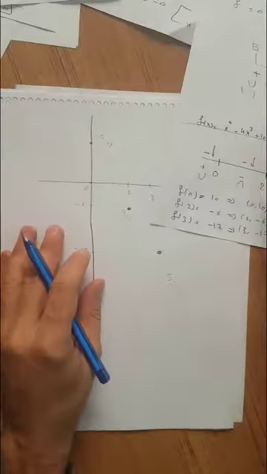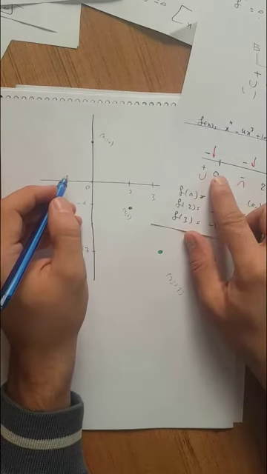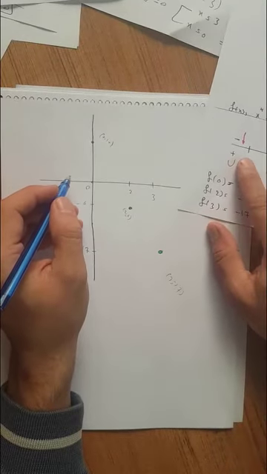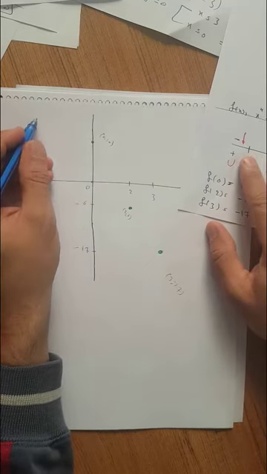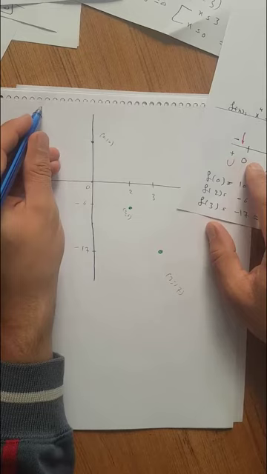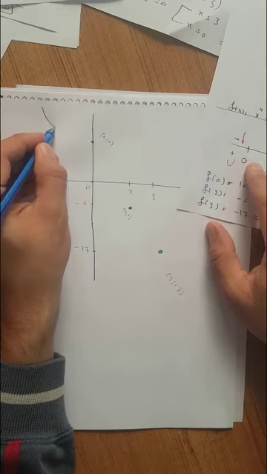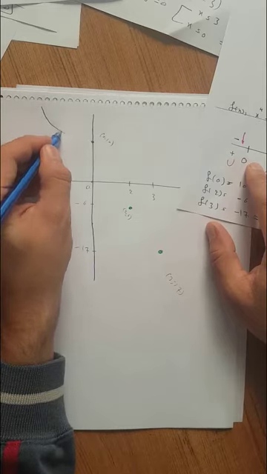Okay. So how do we sketch this? We say we have concave up before 0 and decreasing. So the function will come to here and concave up and decrease.